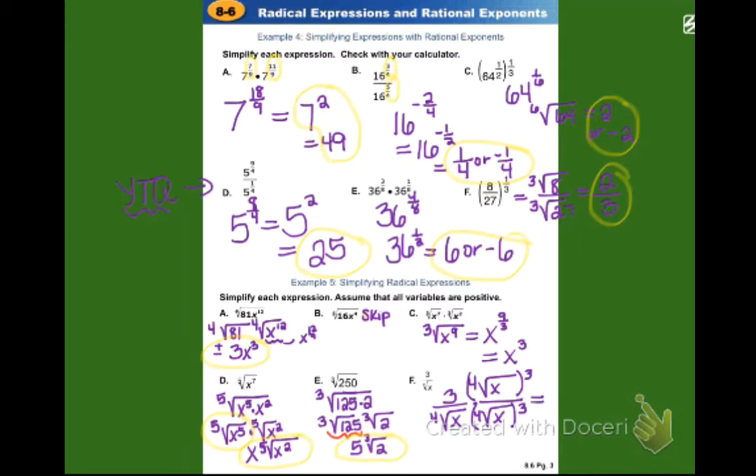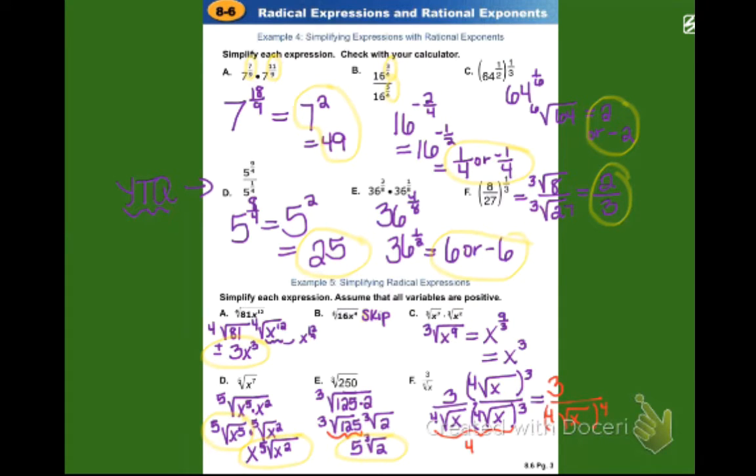So now what that does is it makes it so that I have 4 of these down here, and so when I combine them, it's the same as saying the 4th root of x to the 4th. And now it's going to cancel out that 4 out in front. So that's what I want to do, is I want to multiply by however many more 4th roots of x that it would take to cancel out.